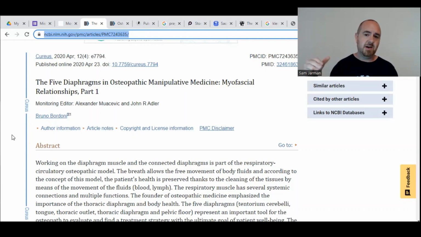Putting the diaphragms as a hierarchy is instructive in a way that would allow you to miss the other restrictions. So if you restrict yourself to a respiratory circulatory model, you miss it, right? Because the restriction could be anywhere. If you're only looking at the diaphragms and you think the diaphragms are the most important, then you'll miss stuff. So if you use any of these models as higher in your hierarchy, you'll miss the other stuff.